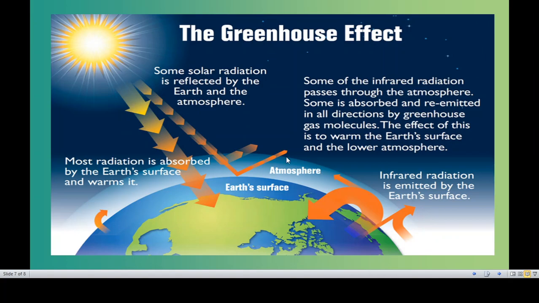Okay, somehow they manage to get trapped in this atmosphere and they again revert back. Okay, and this revert back again, what it does, it warms up the atmosphere of your earth surface.